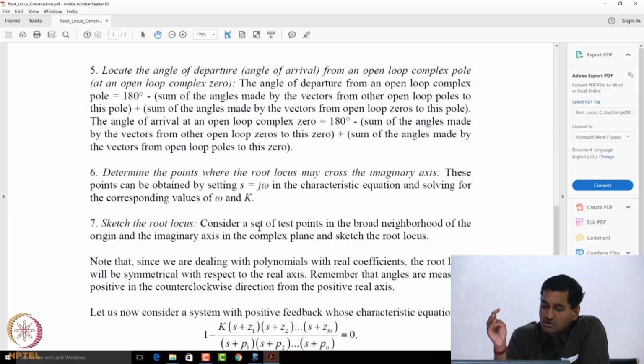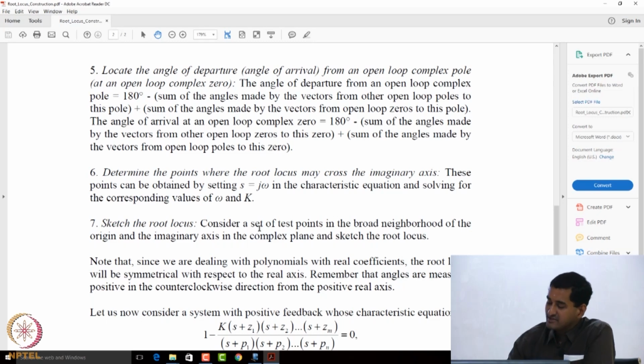So, what is the fifth step? We have to locate what is called the angle of departure or angle of arrival. So, let me read it once again, and then we will figure out what it means. So, locate the angle of departure from an open loop complex pole, that is how you should read it, or locate the angle of arrival at an open loop complex zero.